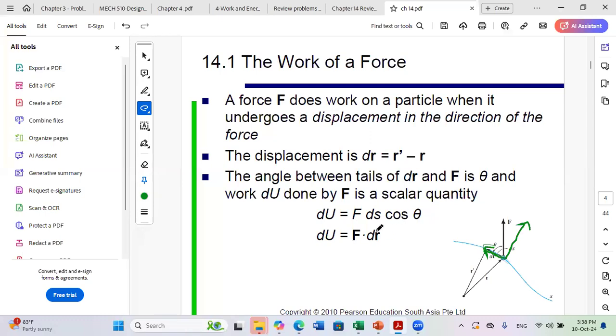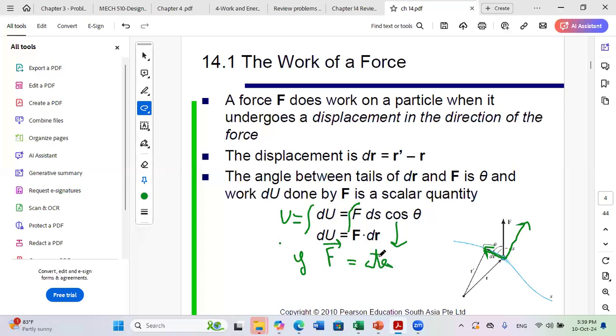In case the force is constant in magnitude and angle, then when you want to find the total work, which is the integral of dU, there is no need to do integration because F and cosine theta will be constant. So you can take them outside of the integral.